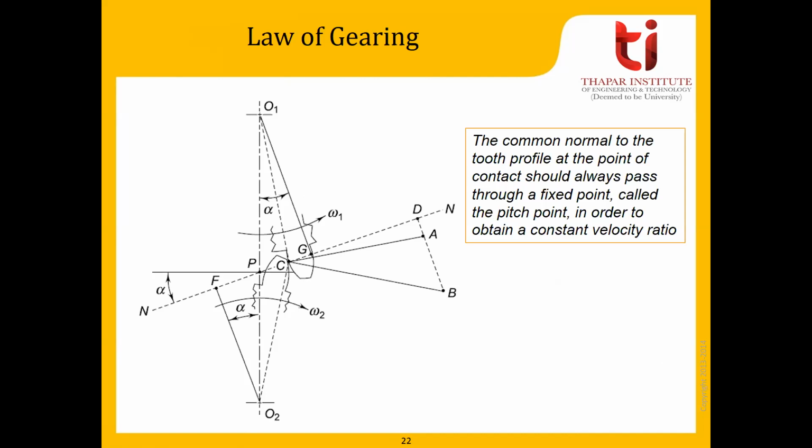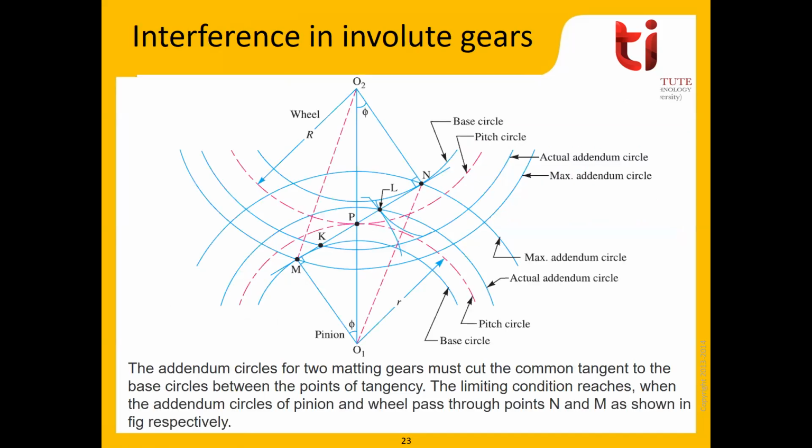Now we can discuss the phenomenon of interference in involute gears. So from this figure, this is the addendum circle of gear 2, and this is the addendum circle of gear 1.